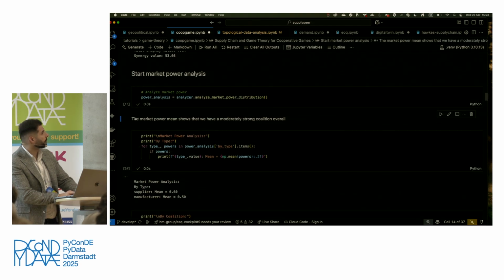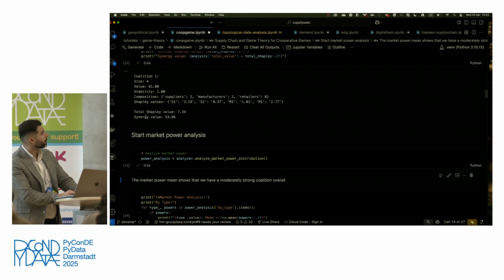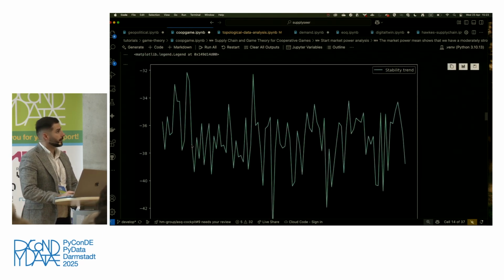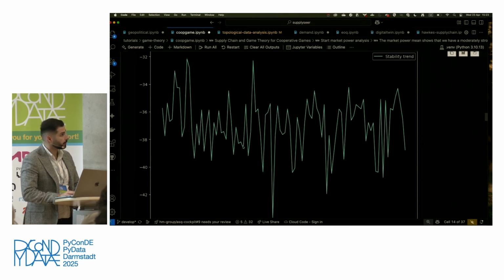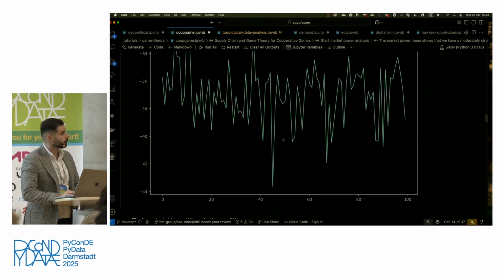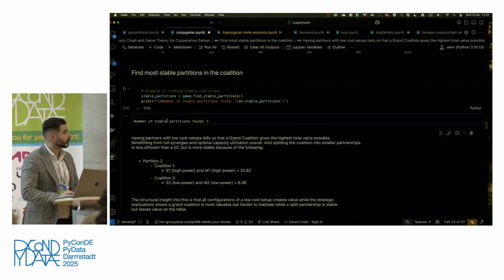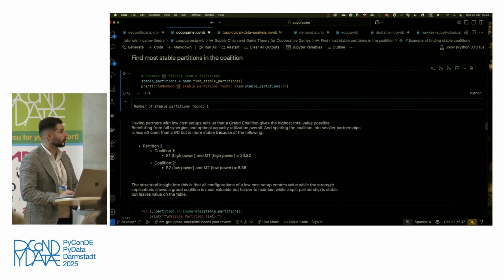The market power mean. All right, the thing is this. It has some local variations, but overall it's stable. It's around this value. I think I removed something, to be honest. Number of stable partitions, found 1, which is our coalition.